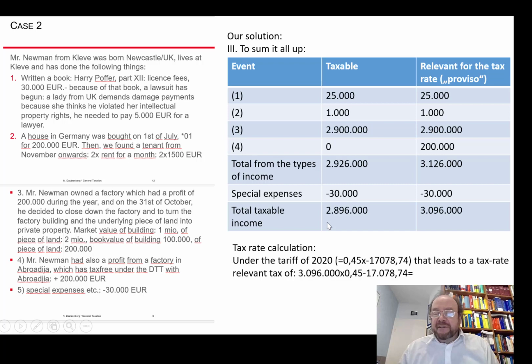So the tax rate calculation is based on 3,096,000, and under the tariff function for the year 2020, that leads to a tax formula which is printed here, and it leads to a final amount of 1,376,121.30.